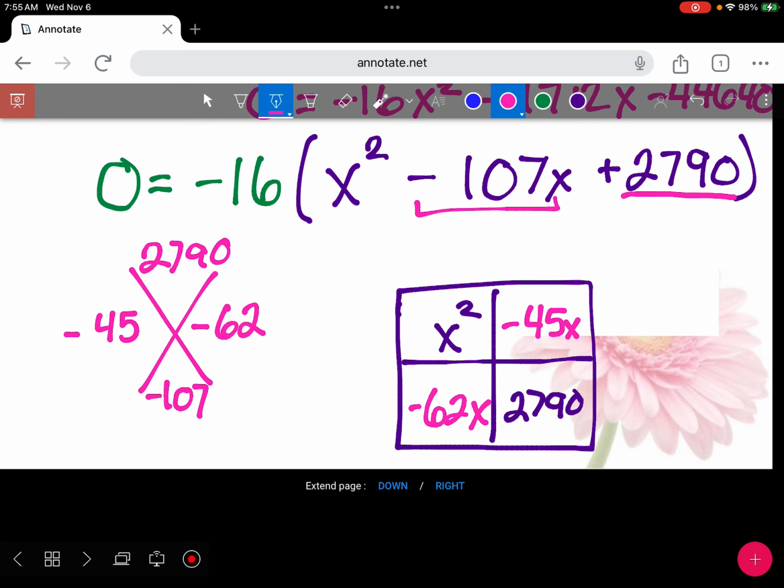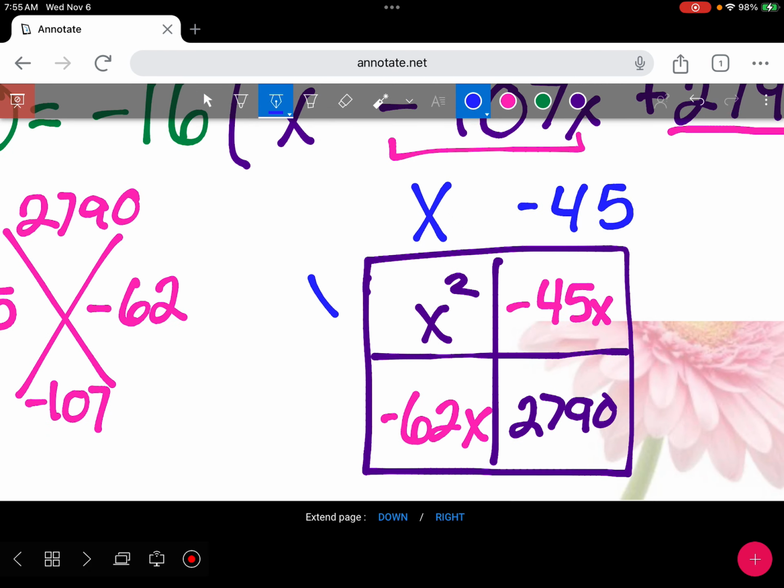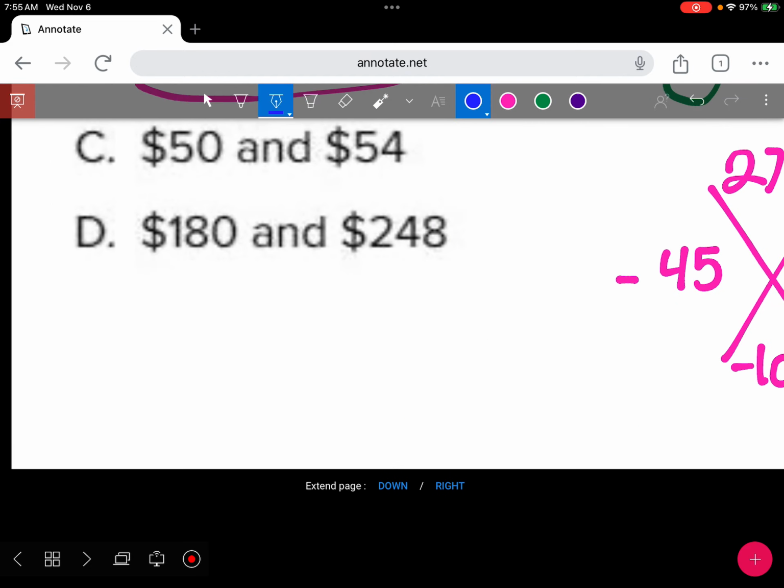It's going to be that same exact thing that Alex noticed earlier, where we have our x minus 45 and our x minus 62. And our factored form is exactly that, with the GCF, our minus 16. I'm going to write it under here.